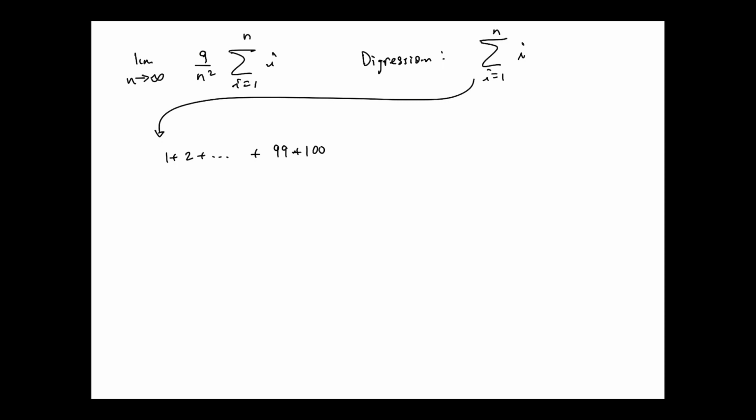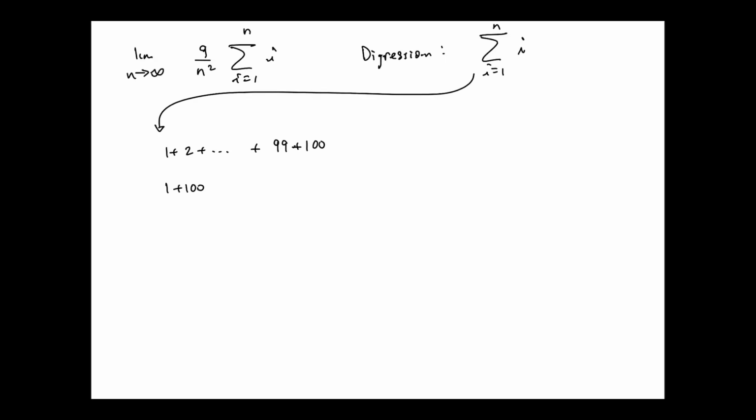Okay, let's try that. Because if I put 1 and 100 together, and I put 2 and 99 together, and I put 3 and 98 together, what does each of those pairs add up to? They all add up to the same thing. By 50, because how many pairs are there?